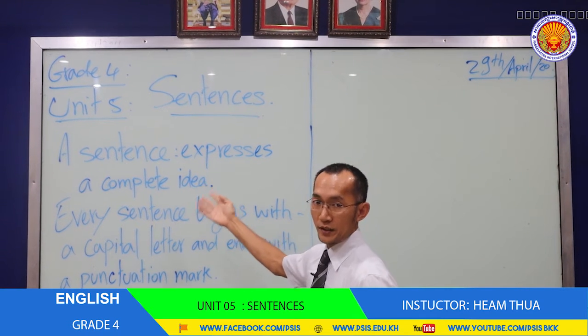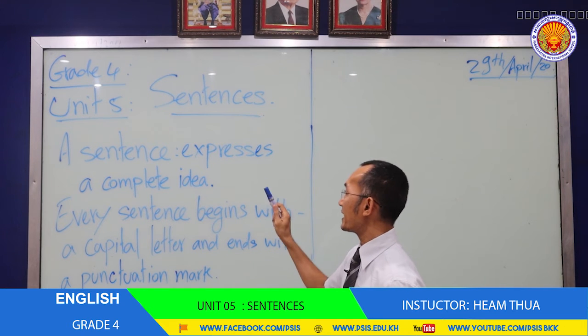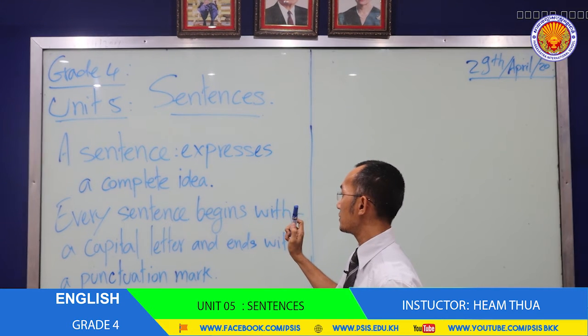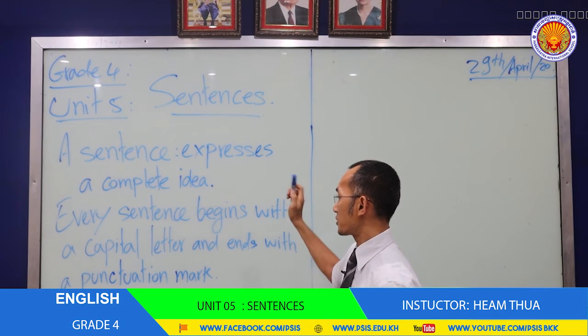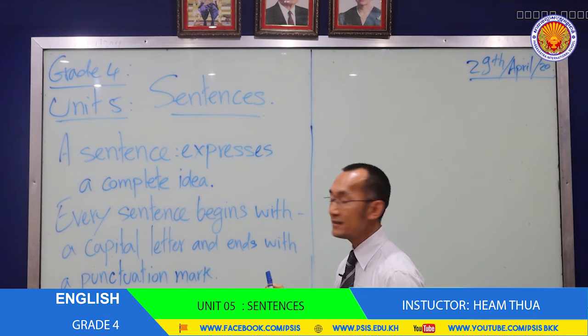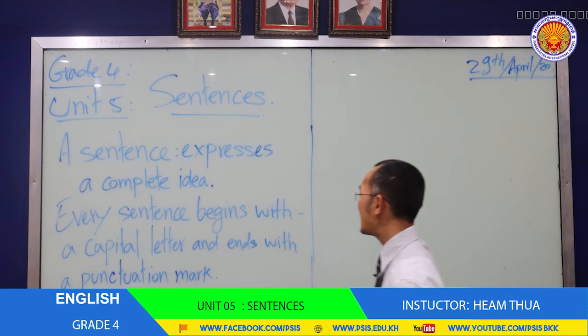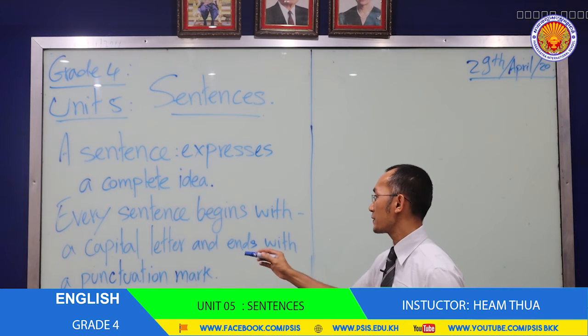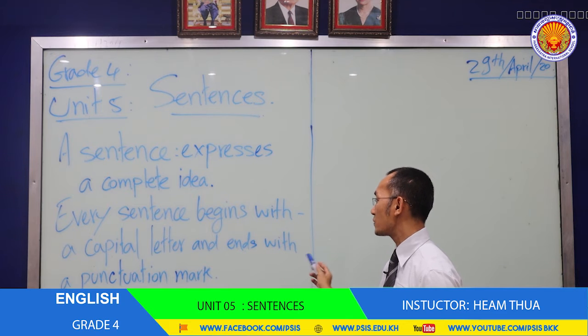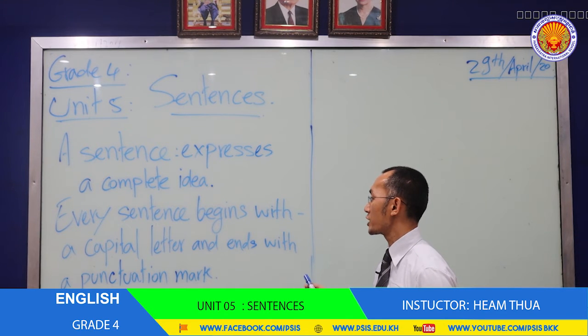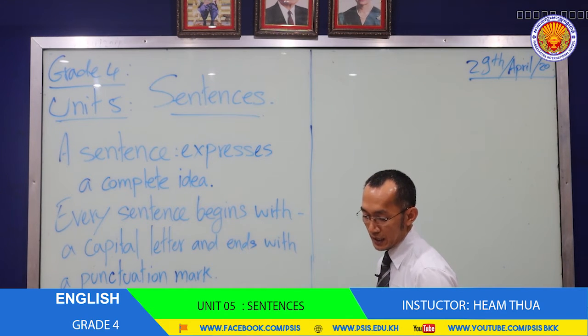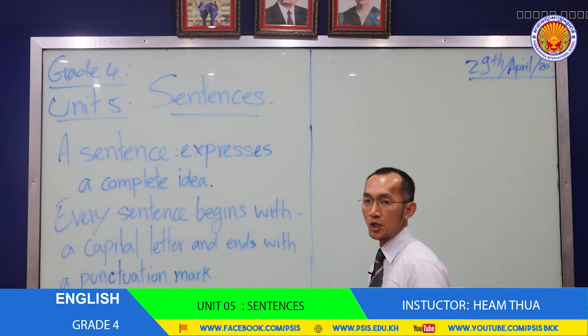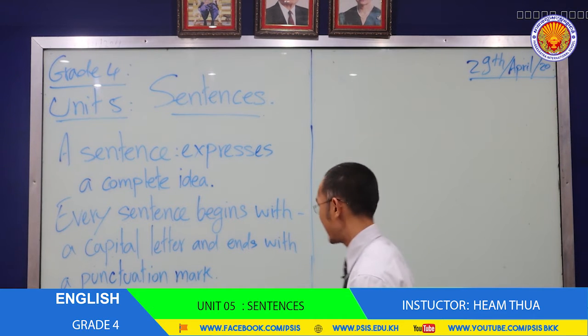Now let me read for you. A sentence refers to or expresses a complete idea. Every sentence begins with a capital letter and ends with a punctuation mark. You can see your book on page 65 again.